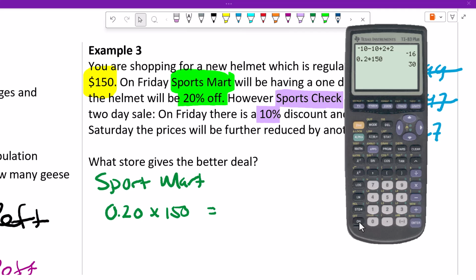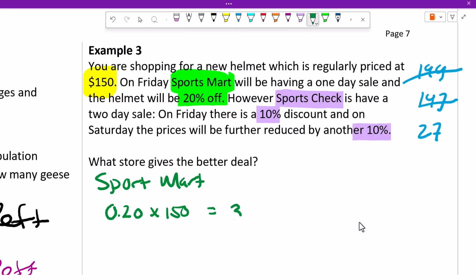So if you're not good at multiplying, you can always do 10%. So is this saying the helmet is $30? No. This is how much it's off. So the helmet is 150 minus $30, which is $120 at Sports Mart.